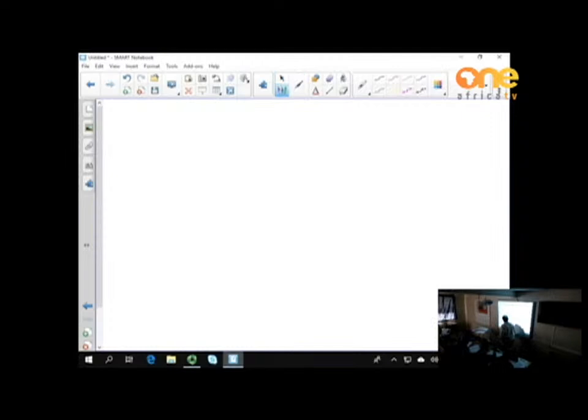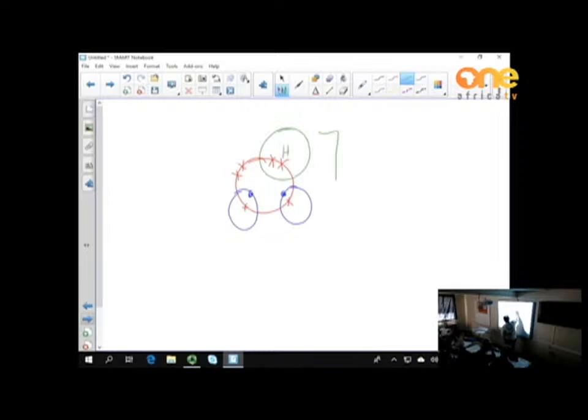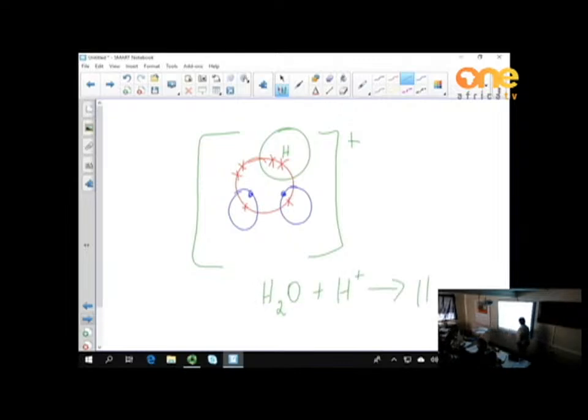They don't draw it, but the hydronium ion is the one with water, where the original water has oxygen and hydrogen, and the oxygen takes a hydrogen ion with a coordinate bond. If we wrote the equation, then I will write water plus a proton will form H3O plus.